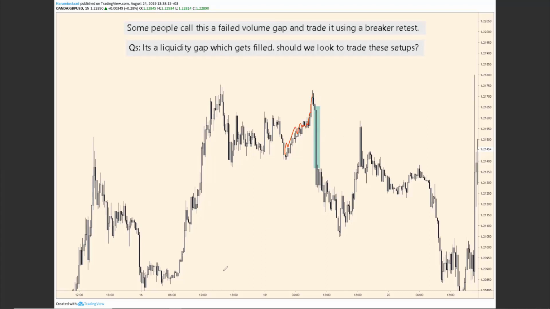What I would look to keep my stop above is something more like that. Okay, it's very clear trapped positioning there. In that case, I'd be happy to keep my stop above that kind of ignored base.